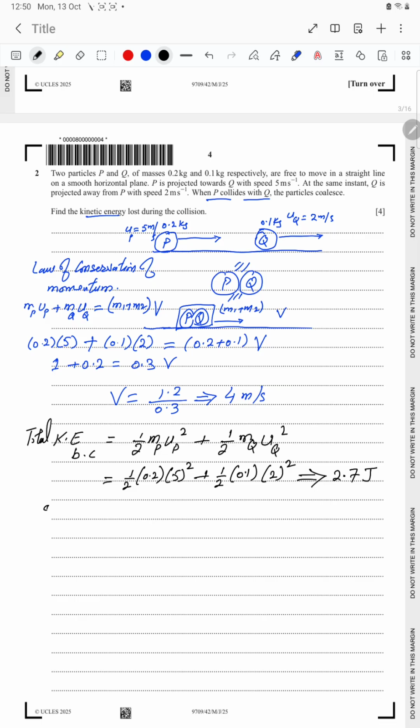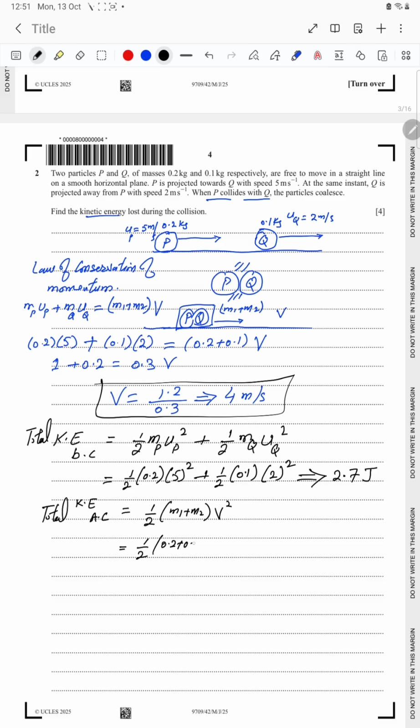Now the kinetic energy after the impact, after the collision, will be 1 by 2 times the sum of masses (m1 plus m2) v squared. V we have already calculated, that is 4. So 1 by 2 times (0.2 plus 0.1) times 4 squared gives us 2.4 joules.